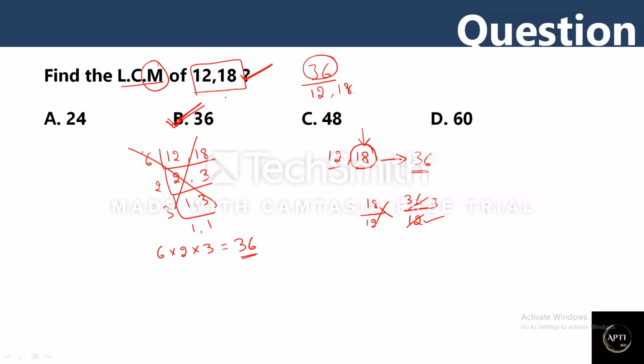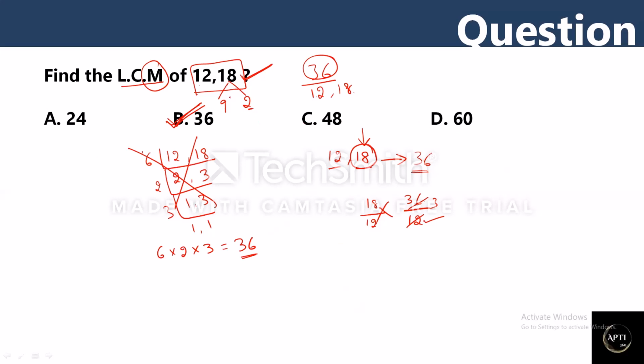What is the divisibility rule of 18? It should satisfy the divisibility rules of 9 and 2. If you observe the entire list, all 4 options satisfy the divisibility rule of 2, since the units place is even. So all numbers are divisible by 2.